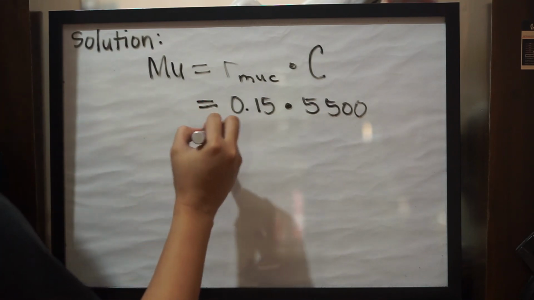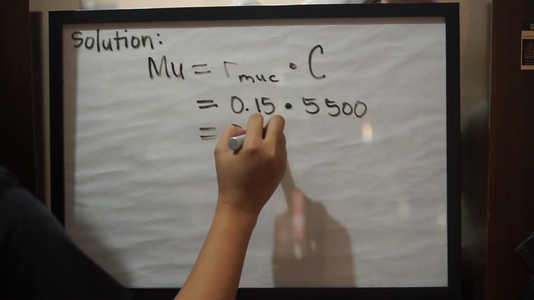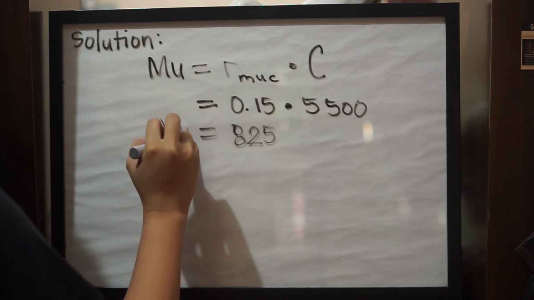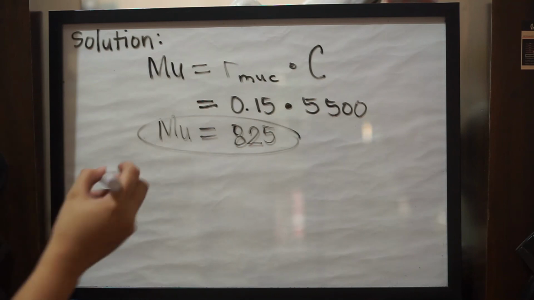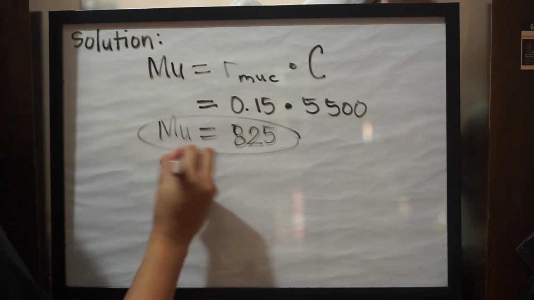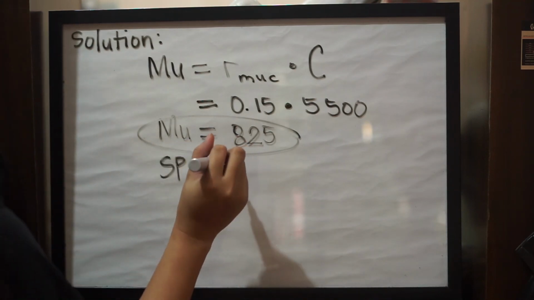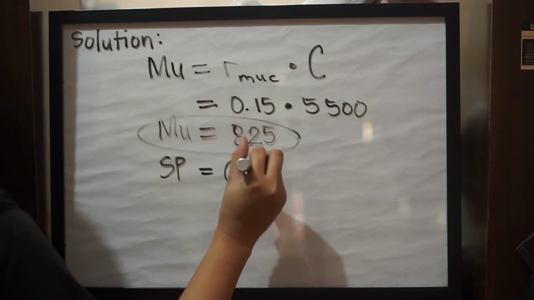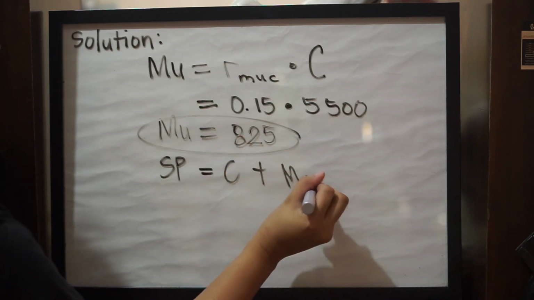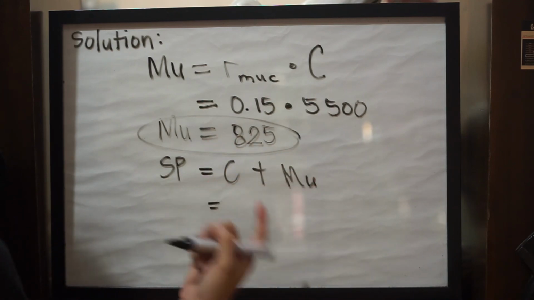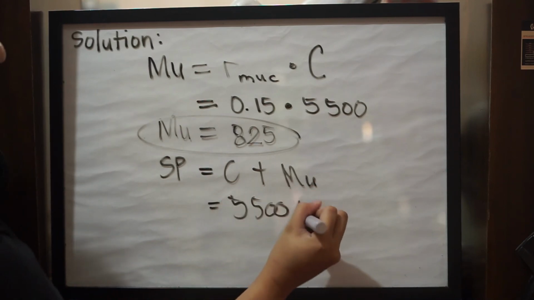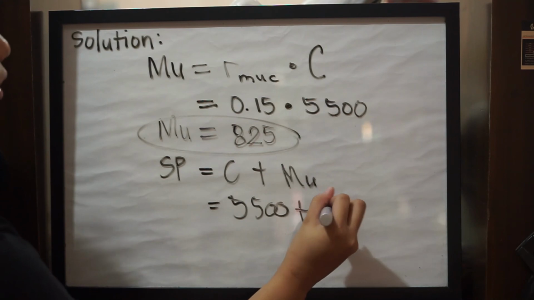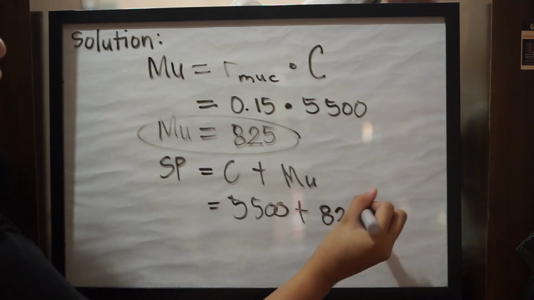So, our markup is 825. Since we already have the value for the markup, we can now solve for the selling price. The formula for selling price again is cost plus markup. Substituting the values, the cost is 5,500 plus the markup na 825.